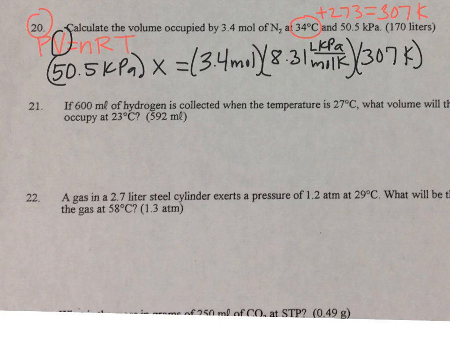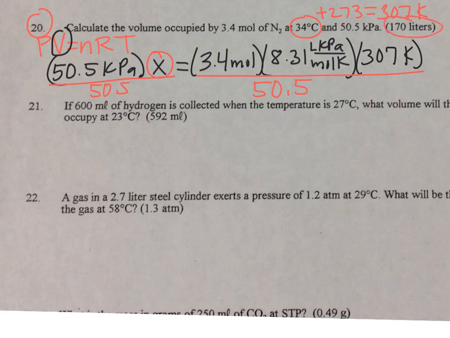We want to get x by itself, so go ahead and finish out your algebra. That means you're going to divide both sides by 50.5. Then you put that into your calculator, and you should get this answer.